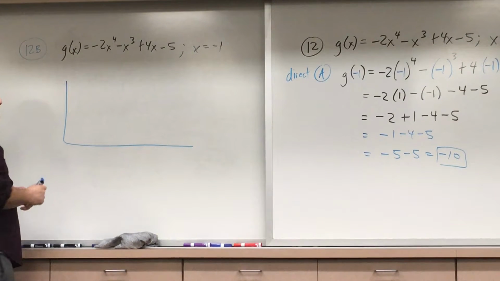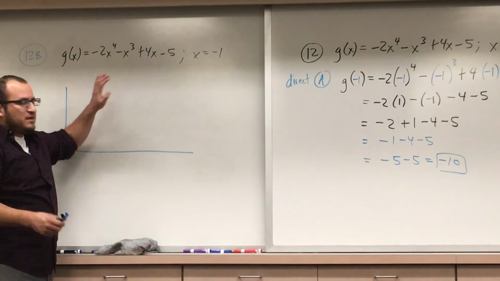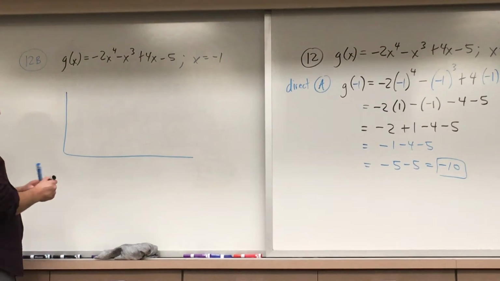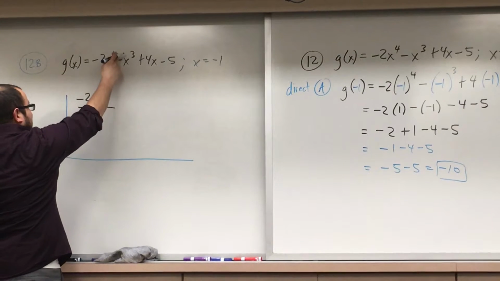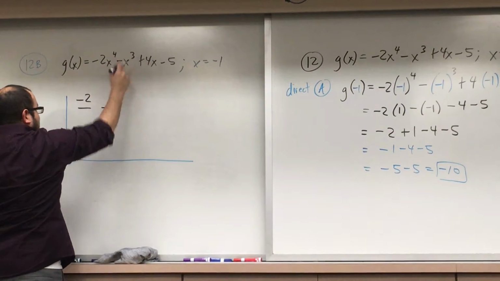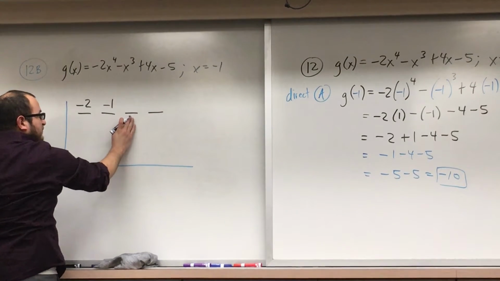All right, so what's important about synthetic substitution is that the polynomial has to be in order, okay, standard form. We start off with -2, that's power 4, next is power of 3, which is -1. Okay. I'm going to leave this blank for now.